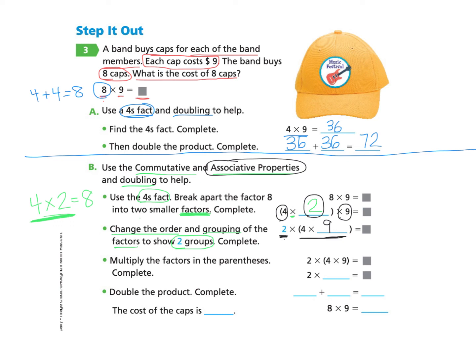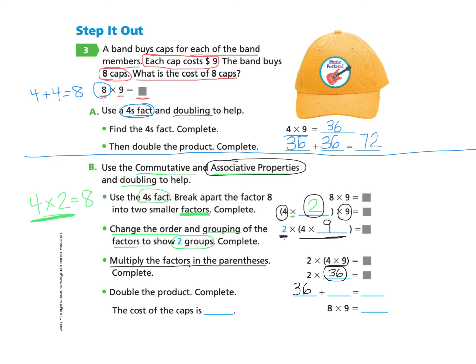Now we are simply going to multiply the factors in the parentheses because we always multiply what's in the parentheses first. So if you want to pause this and come back, 4 times 9 would be 36. And then we would double the product of 4 times 9 here because instead of doing 2 times 36, we're trying to make it easier for ourselves.